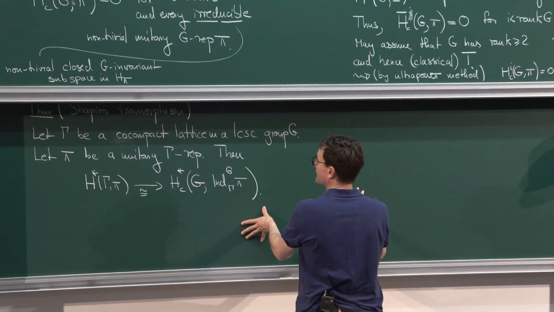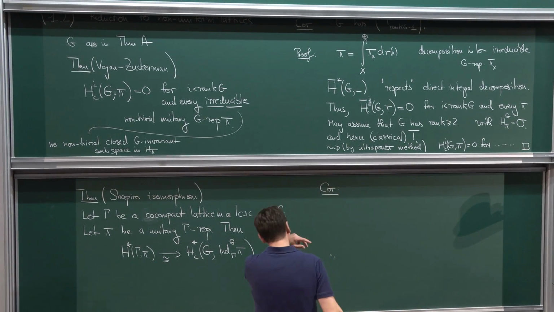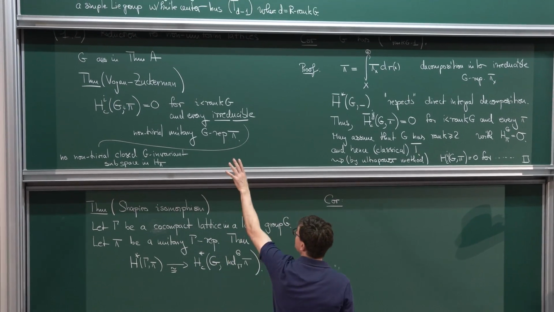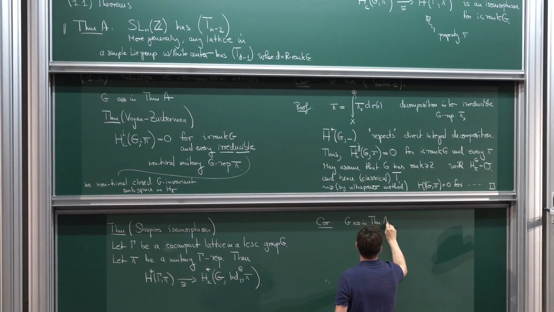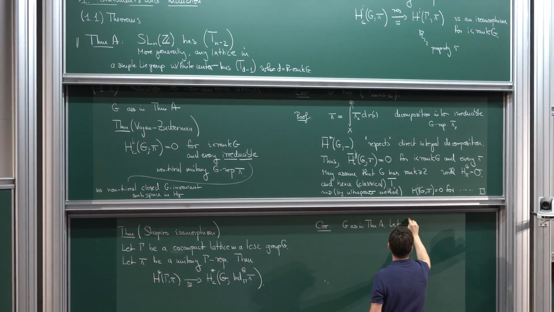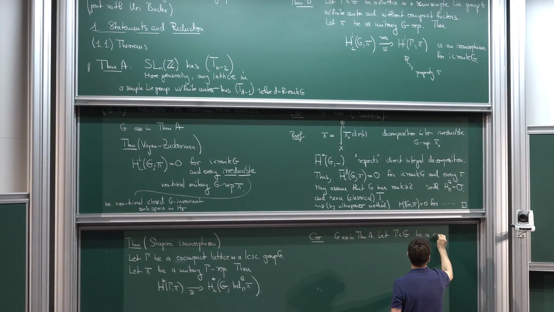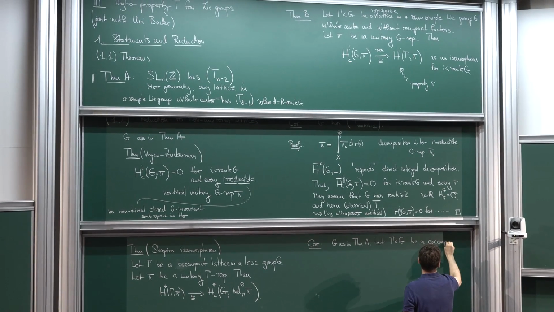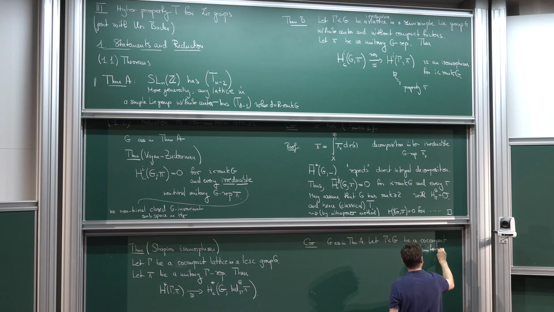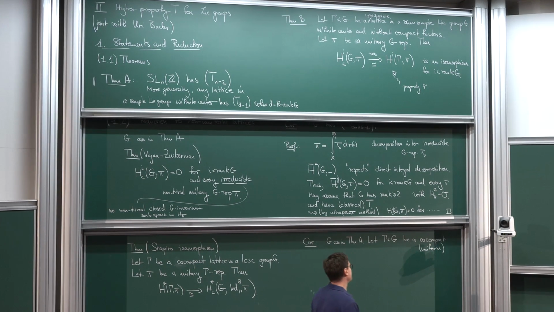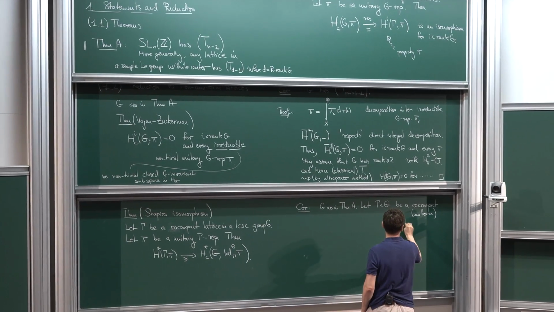So consequence: again, G is as in theorem A, and now gamma is co-compact. Sometimes I might also use the term uniform without noticing. So co-compact is also called uniform. It's the same thing.